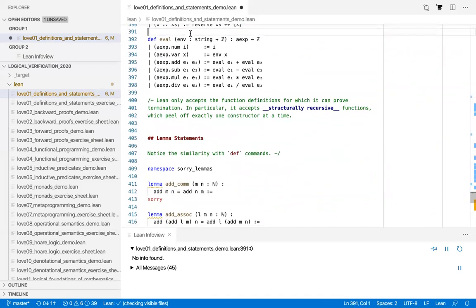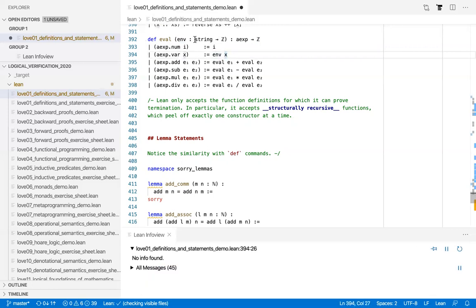Then this is the evaluation function I promised earlier, which, you see, takes an environment as parameter. This is on the left-hand side of the colon, so it's going to be fixed, and it takes an expression and returns an integer. Right, and then we have the 6 cases. For an integer, for a number, we just return the number. For a variable, we need to look it up in the environment.